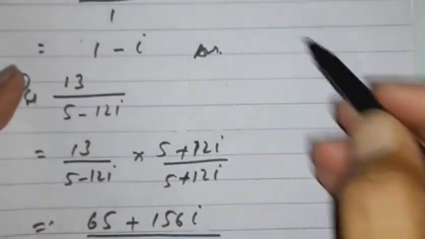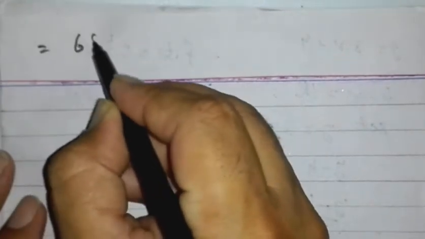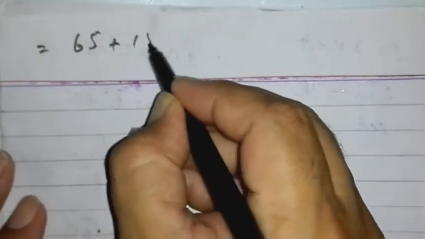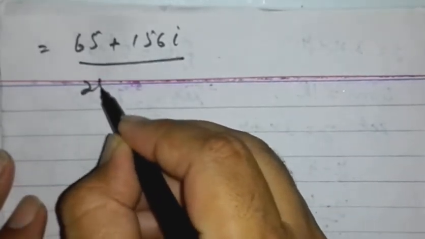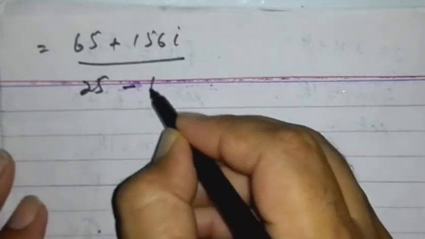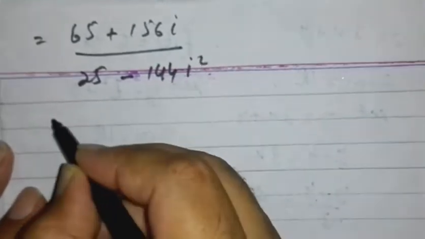Further we can write it as 65 plus 156 iota divided by the 5 square is 25 minus 12 12s are 144 iota square.